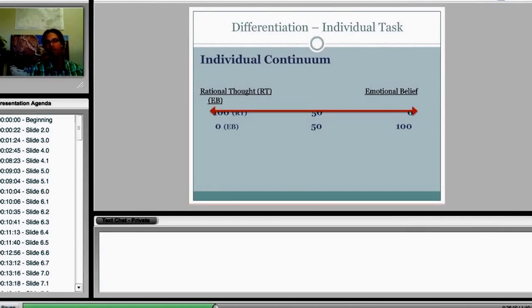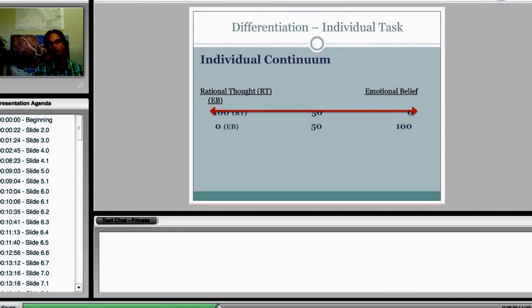If we go to the other side of that, that's going to represent 0% rational thought and complete emotionality. And those are contributors. So each point as we move toward the middle is going to be representative of that one point subtraction until we get to the 50-50 point in the middle.